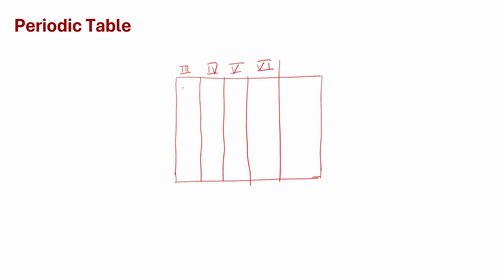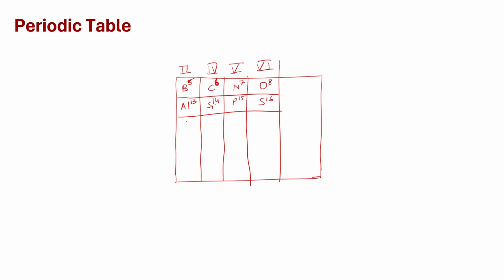So, we start first with boron, carbon, nitrogen, oxygen. Boron is 5, carbon is 6, nitrogen is 7, oxygen is 8. And then we go to the next row, that is aluminum 13, silicon 14, then phosphorus which is 15, and then sulfur which is 16.